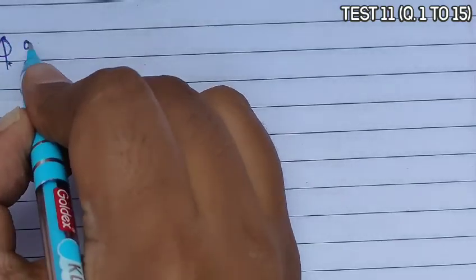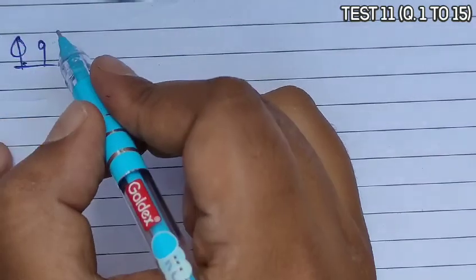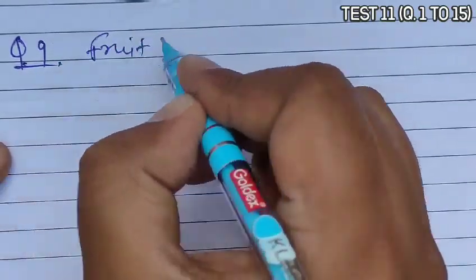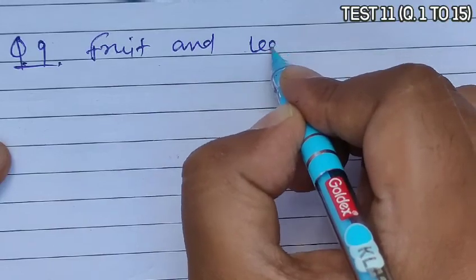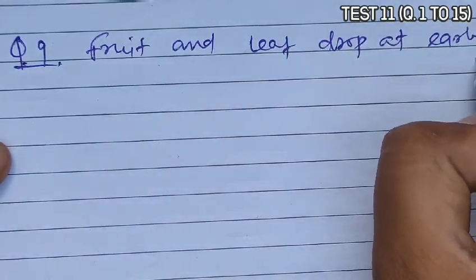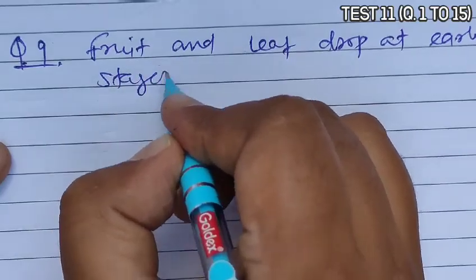Next is question 9. Question 9 asks that fruit and leaf drop at early stages can be prevented by.